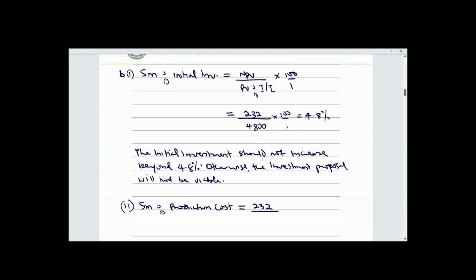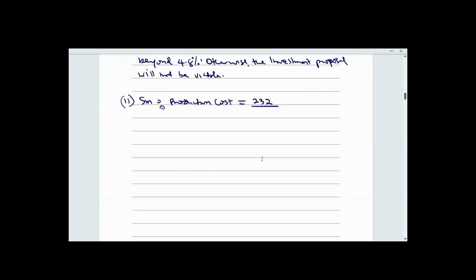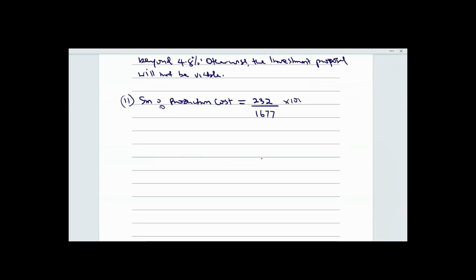1677 multiplied by 100 over 1. Then this will give us 232 over 1677 multiplied by 100, which is 13.8%.